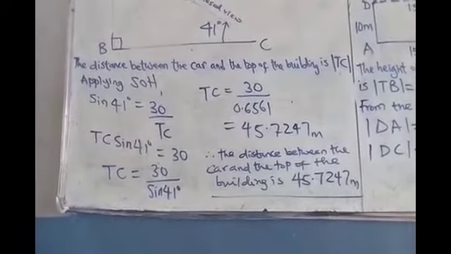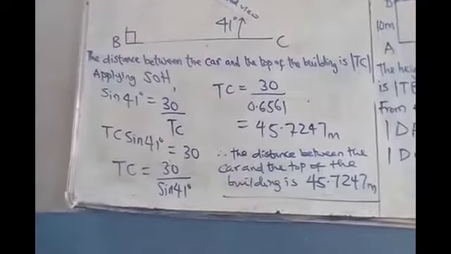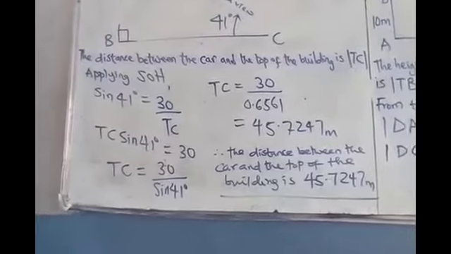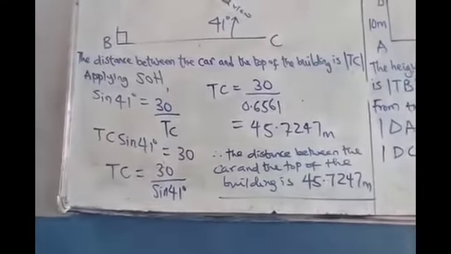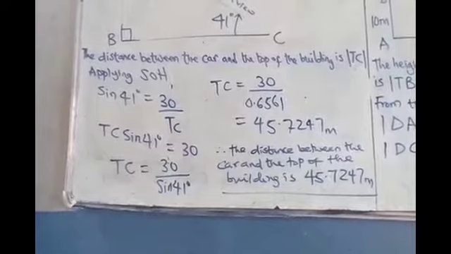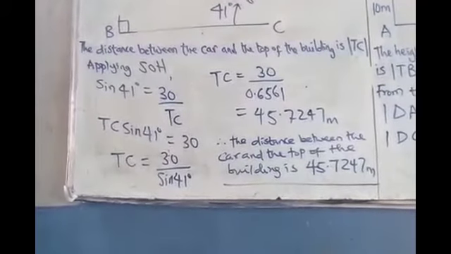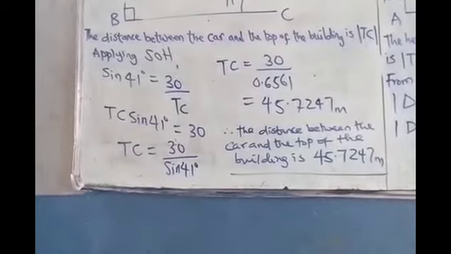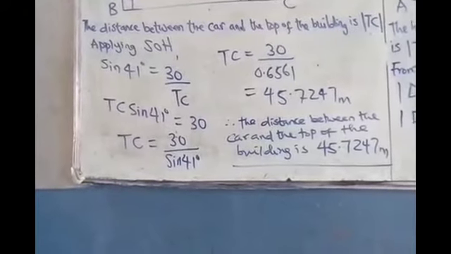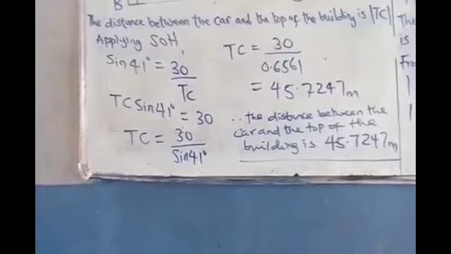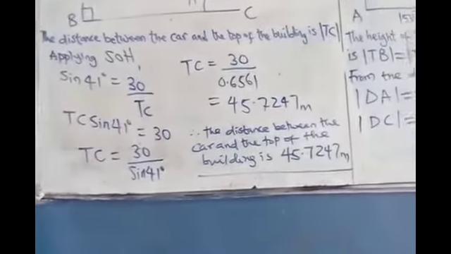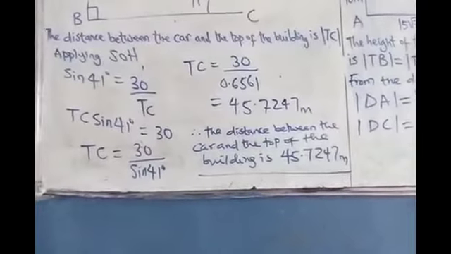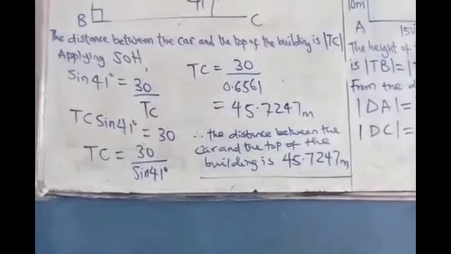So from there we have our sine 41 degrees equals 30, which is the opposite, all over TC, which is the hypotenuse. We cross multiply, we have TC multiplied by sine 41 degrees equals 30. Our TC equals 30 all over sine 41 when we divide both sides by sine 41, making TC the subject of the formula. From there, our sine 41 equals 0.6561.